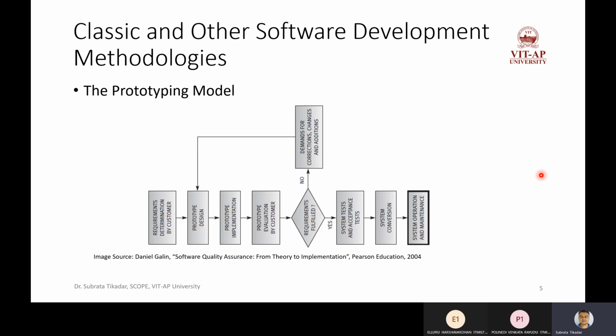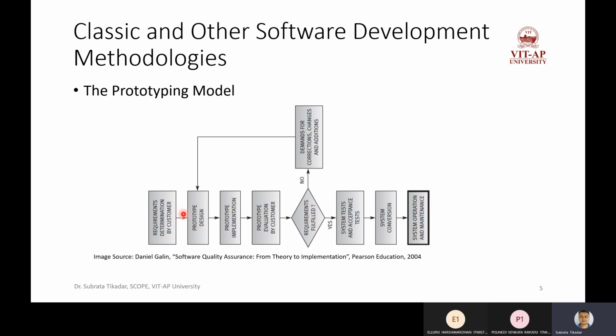So these are complementary, not alternative. So here again, in case of the prototyping model, requirements are first collected from the users. Requirement gathering, design, documentation, then code and implementation, all these development lifecycle steps are followed within this model also. But here the steps are somewhat different.